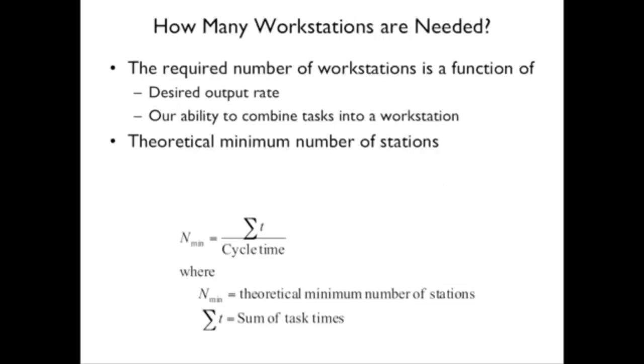Let's see how many workstations are required. The number of workstations is a function of the desired output. There's a theoretical minimum number of workstations: if you sum all the task times, you can come up with this theoretical minimum number of stations.